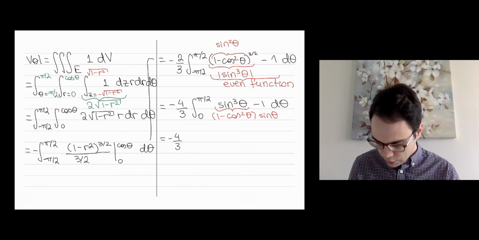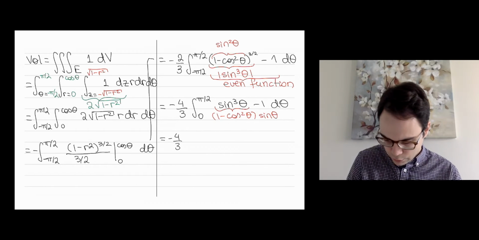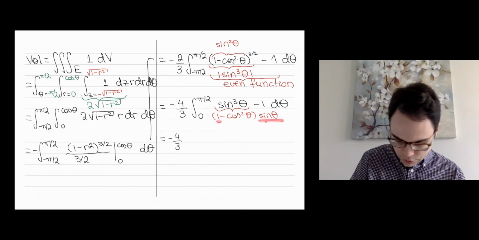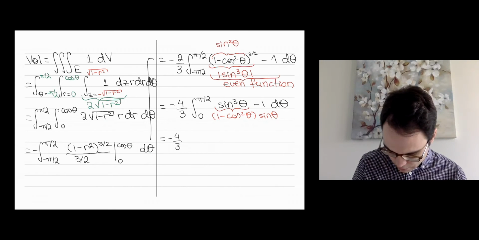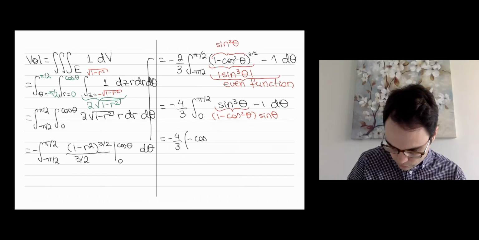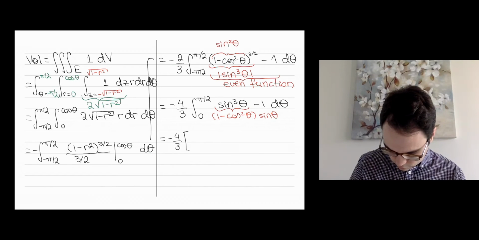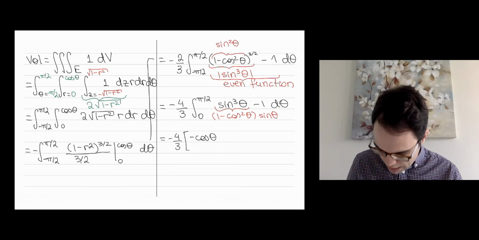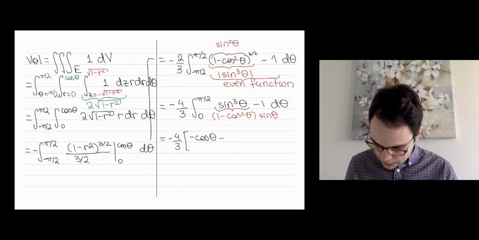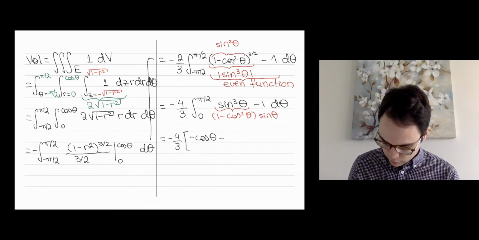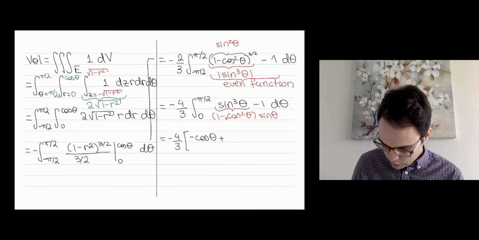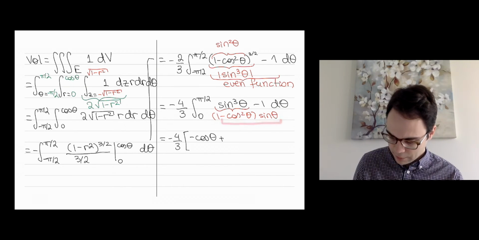The integral with respect to d theta of 1 times sine: the integral of sine is minus cosine. And then we have minus, or perhaps I should say plus. Next we should integrate minus cosine squared times sine.